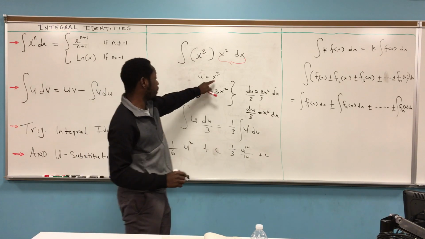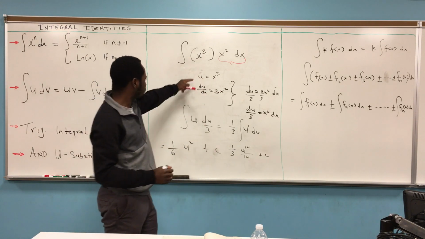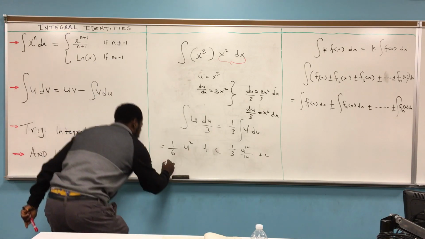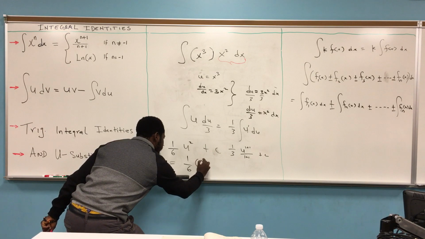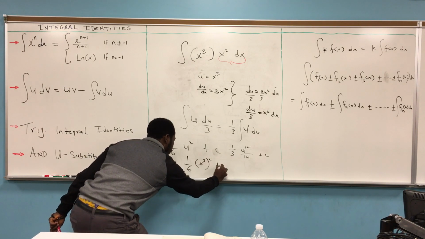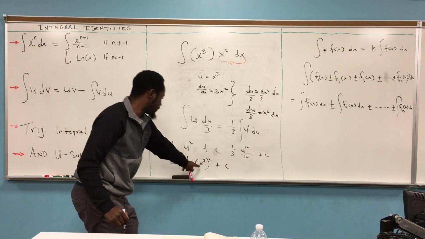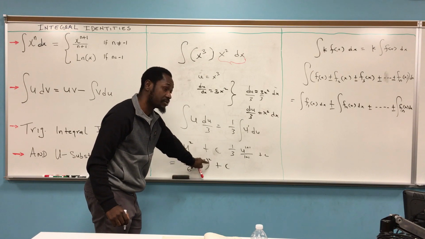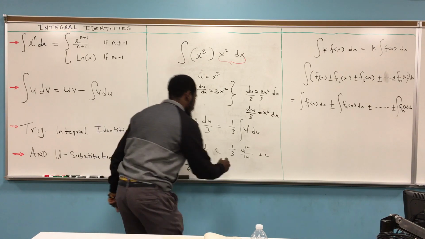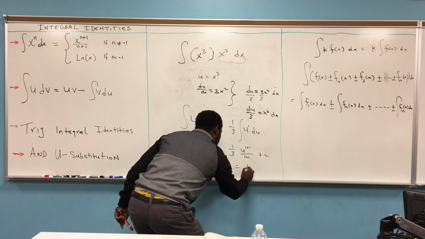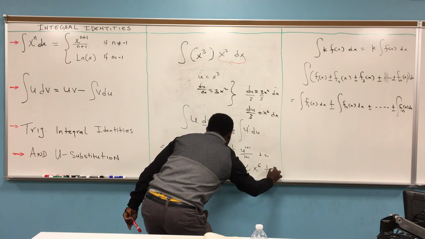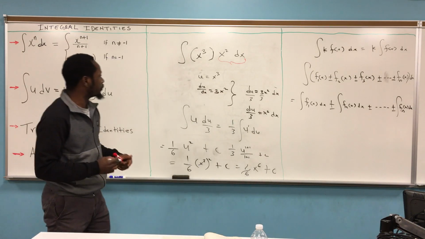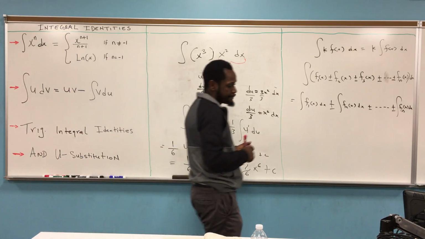And you can now put back your substitution in the solution, so you have 1 over 6 times x to the third, squared, plus c. And x to the third squared is x to the 6th. So this is 1 over 6 x to the 6th plus c, the same result.